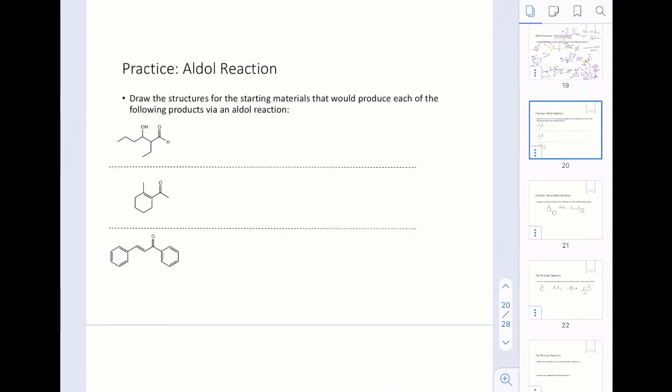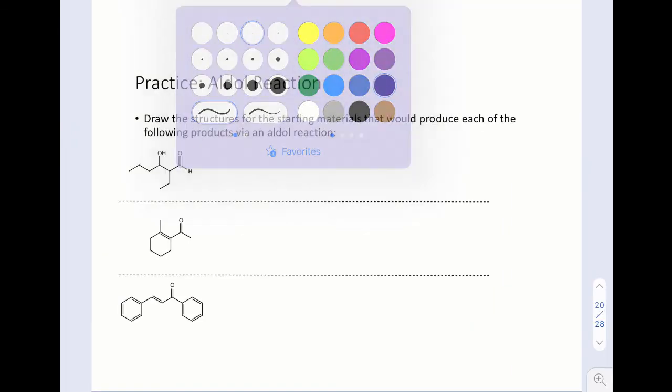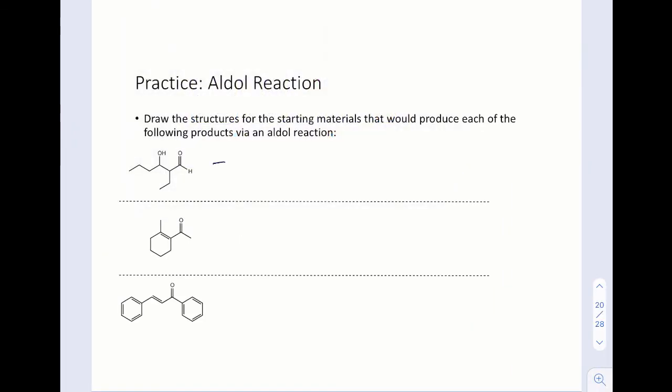I believe I have one more practice question here. So here are some synthesis problems. We can take these products of the aldol condensation and draw out the starting materials from which they came. So this will be our final act of this lesson before we take some time to reflect and then move on to the retroaldol.